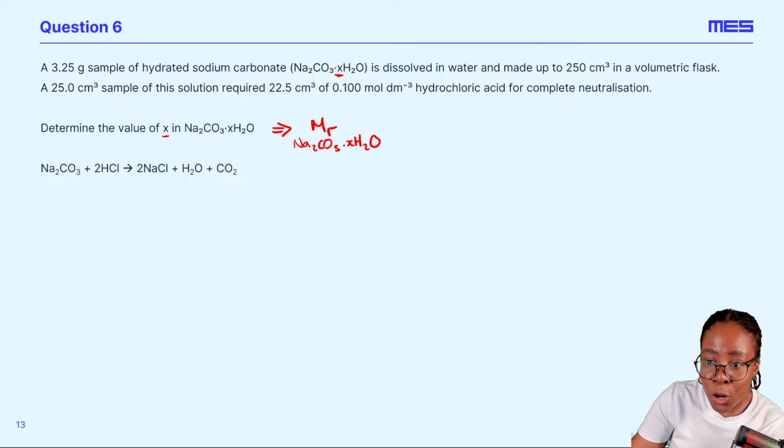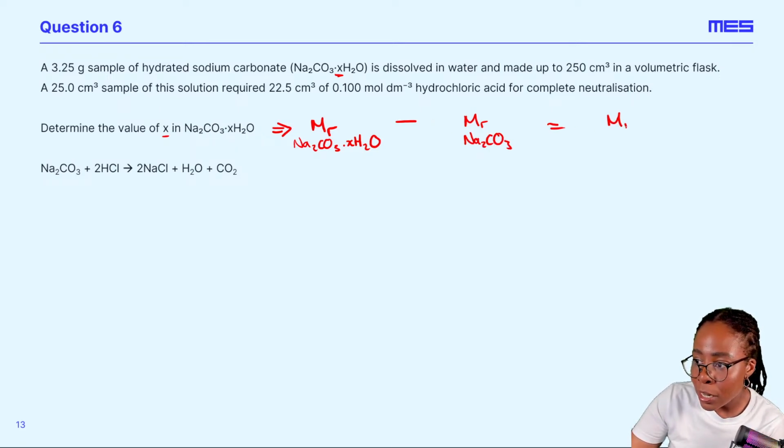Because then from your periodic table, you can calculate the MR of the bit without the water. And then if you subtract those, you end up with the MR of X waters.